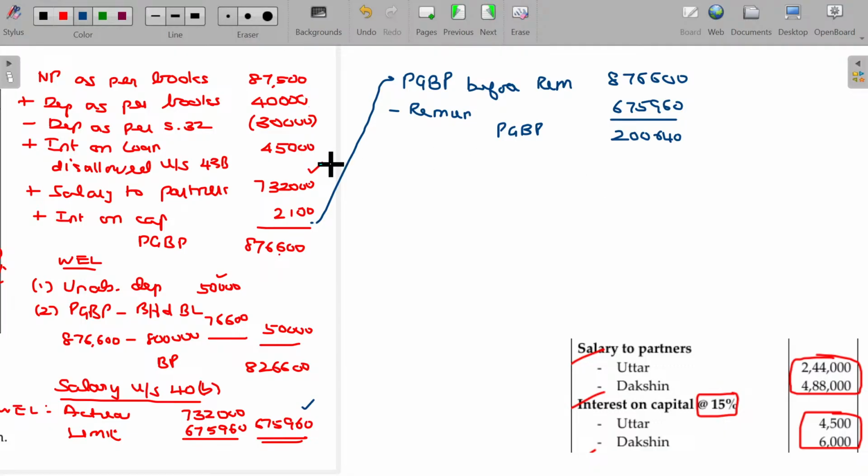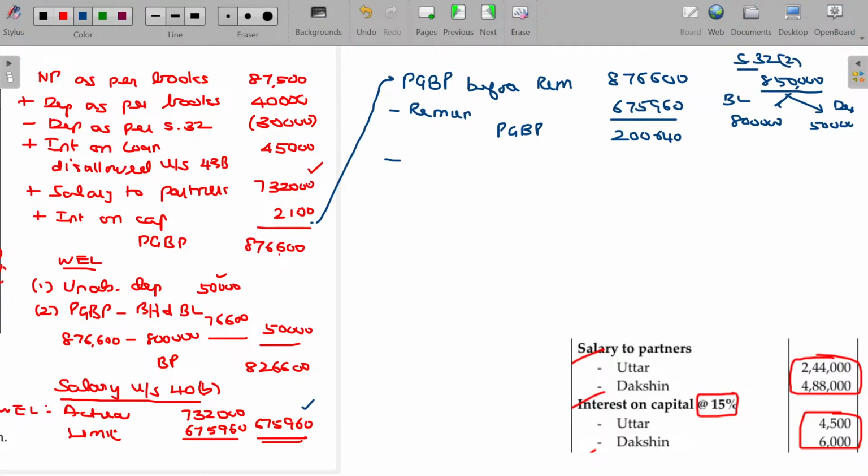And from that profit, you can set off and adjust the brought forward business loss. So we have two losses: 8.5 lakhs, in that 50,000 related to unabsorbed depreciation, balance 8 lakhs related to business loss. You have studied under section 32 clause 2.